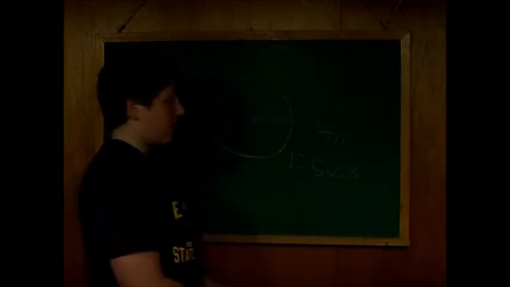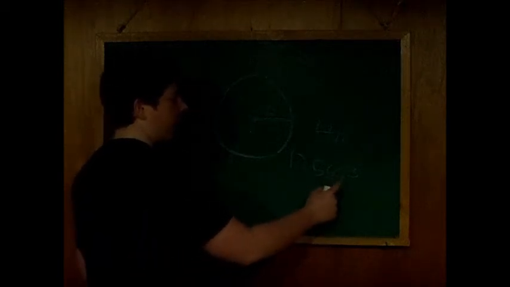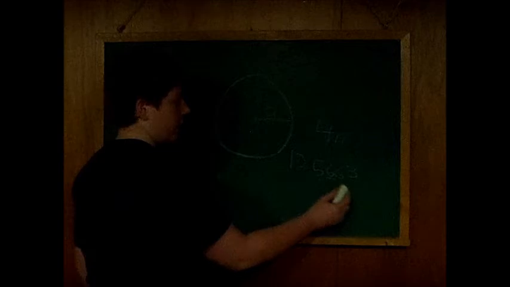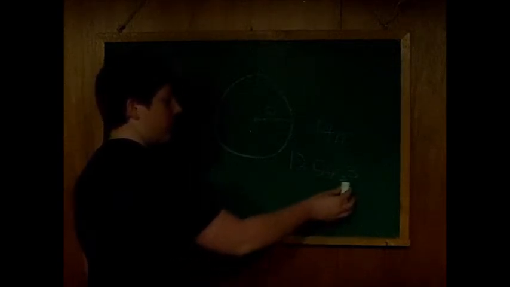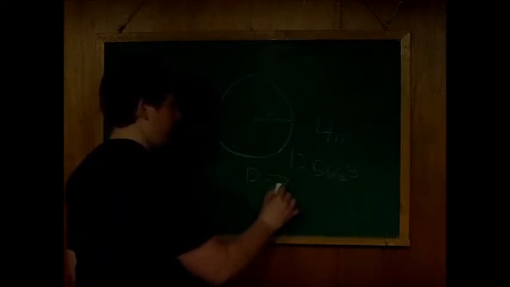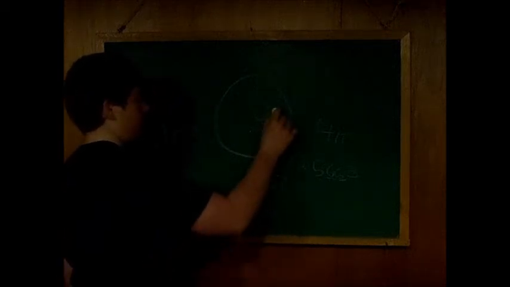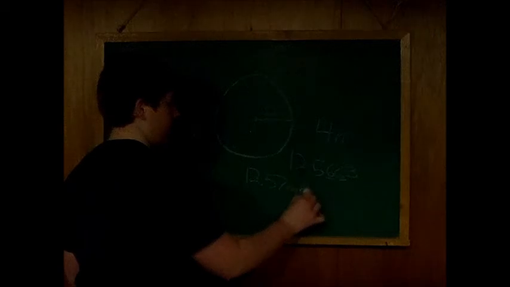Now I like to round to the nearest hundredth. If this number over here is 5 or above, you would round this number up. If it is below 5, you would round it down. So I would round up to 12.57. And then if this was meters, it would be 12.57 meters squared.